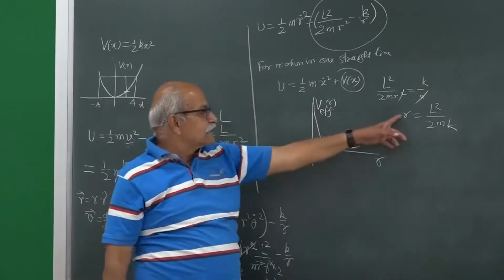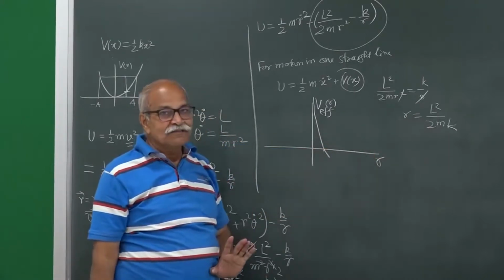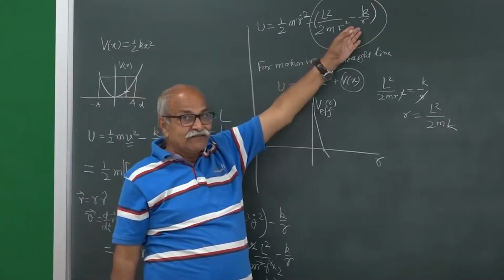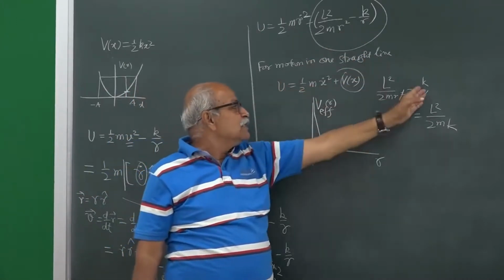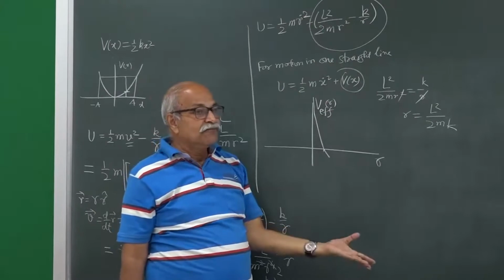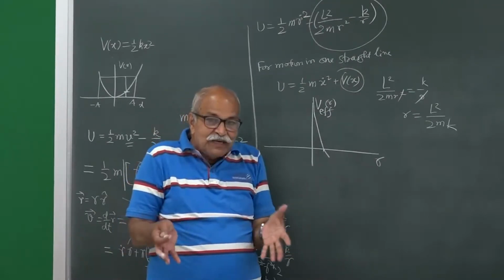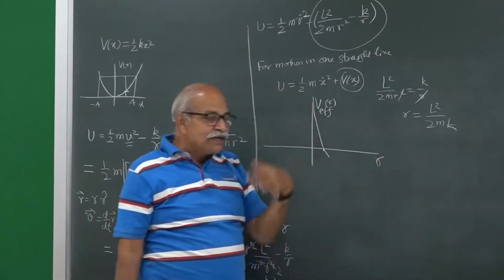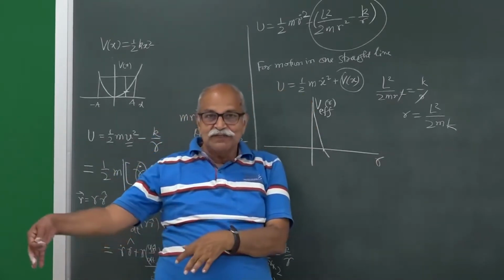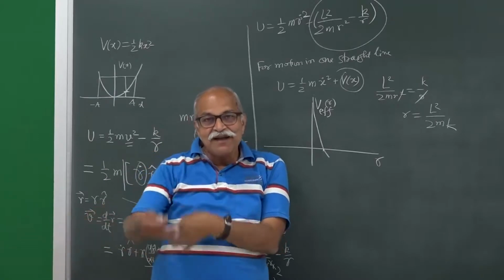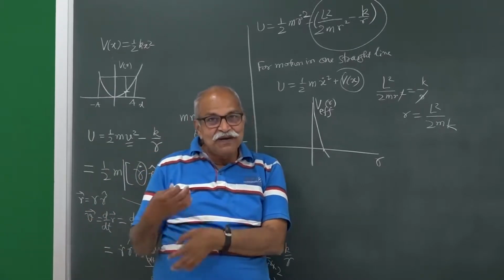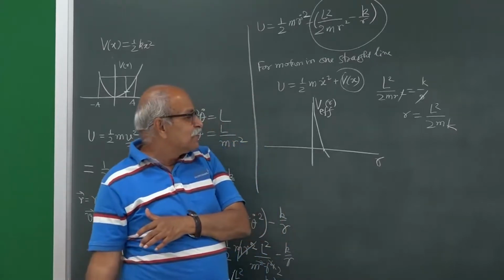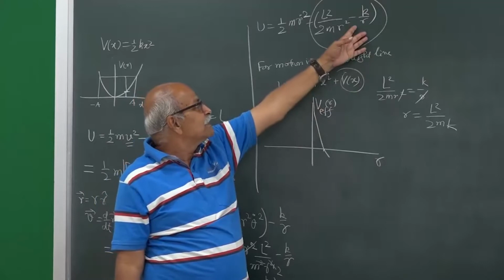After that, the two terms are no longer equal, and as r goes bigger, 1 by r becomes smaller, and 1 by r into 1 by r is still much smaller, and therefore the minus k by r term will keep dominating.